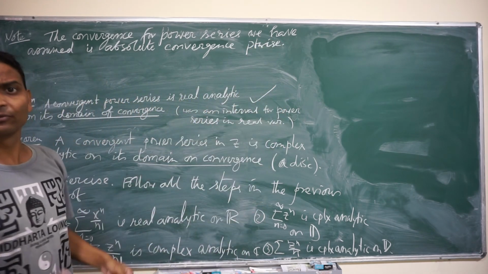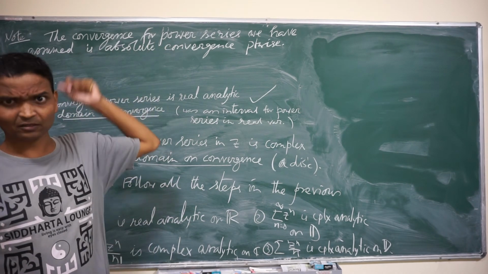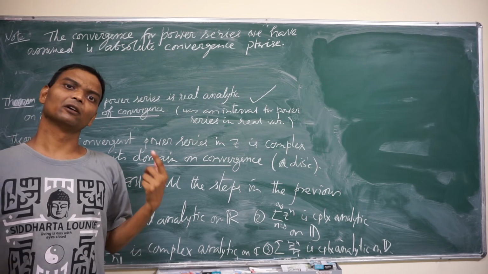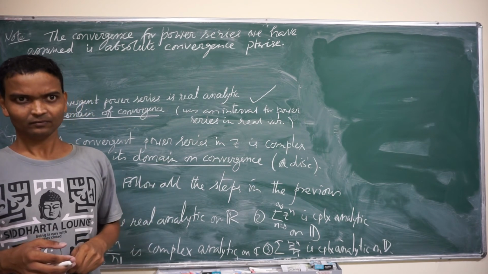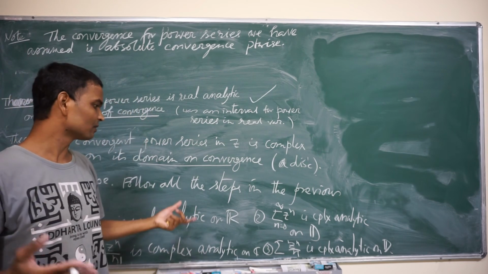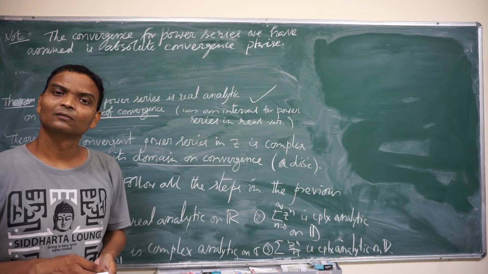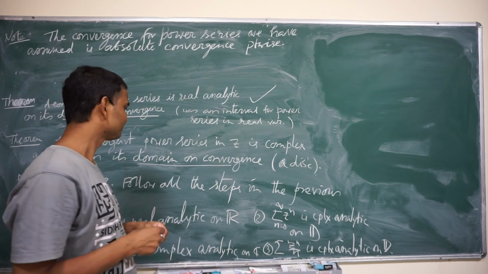But you know, for a sequence of functions that converges pointwise, the limit function may not even be continuous, right? So is a power series, once it converges, continuous at all?